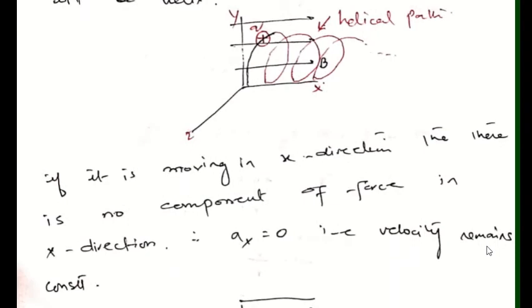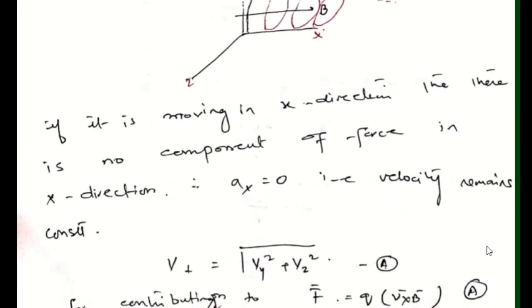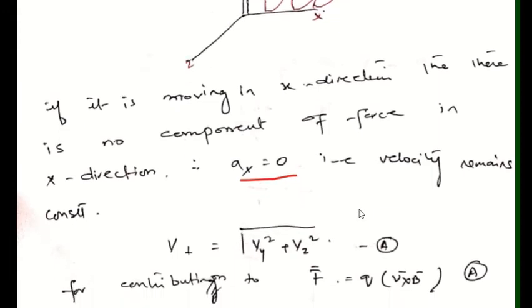So if it is moving in the x direction, then there is no component of force in the x direction. So we can say that ax is equal to 0, that is, the velocity remains constant. If the velocity along the x-axis remains constant, then the change in the velocity will be in the y and z directions.